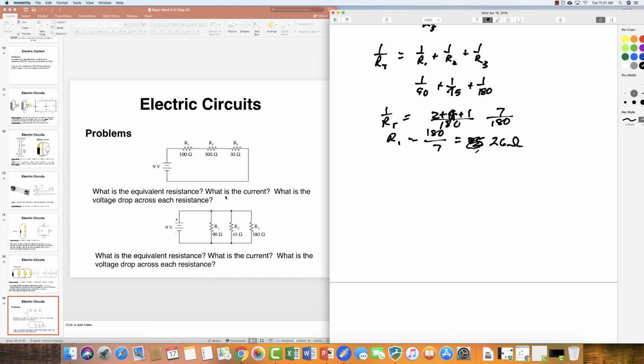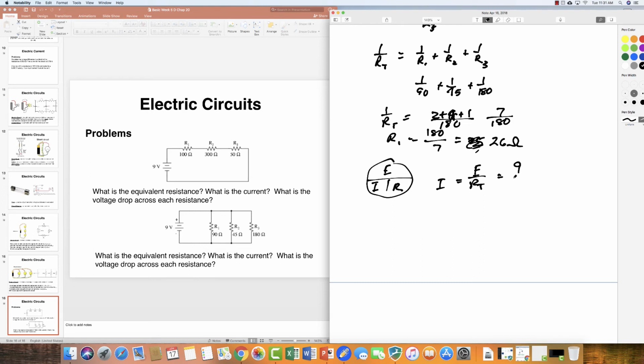What is the current? Okay, the current is constant throughout a parallel. I'm sorry. The equivalent current is going to obey Ohm's law. So E is IR. So I is equal to E over R, where R here has to be the total that we just calculated.